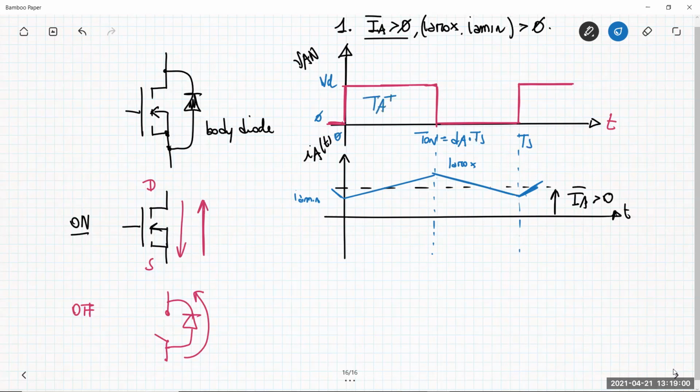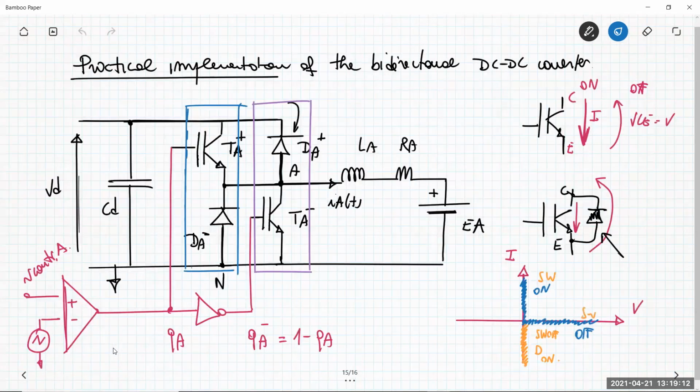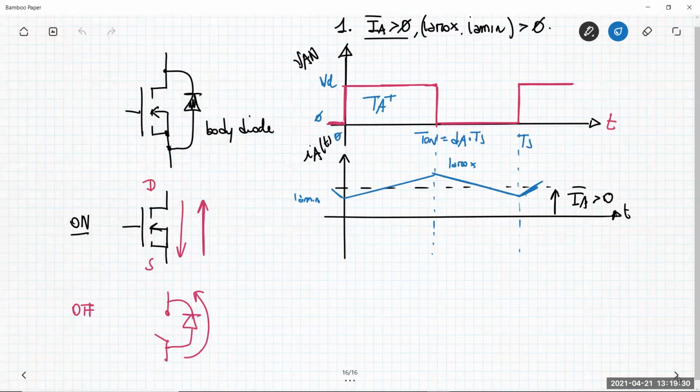Okay, so I'm putting here the name of the transistors that are commanded to be on. So TA plus is on. If TA plus is on, since we are considering perfect action, TA minus is off. So this switch TA plus connects directly the voltage source VD to the node A. So during the time interval 0 to T on, TA plus is on, so VIN is VD.